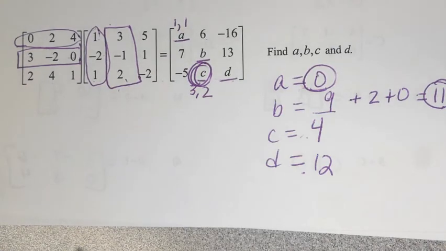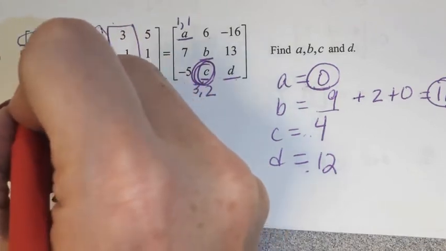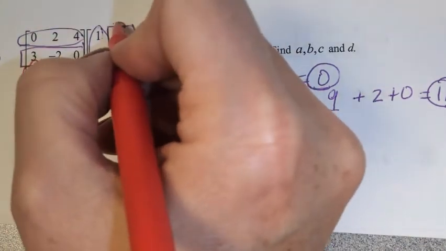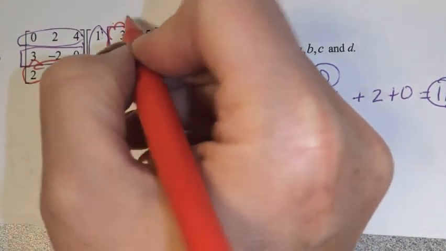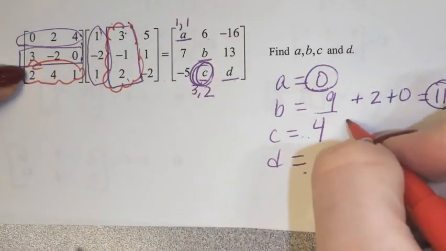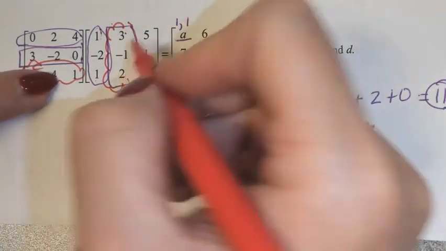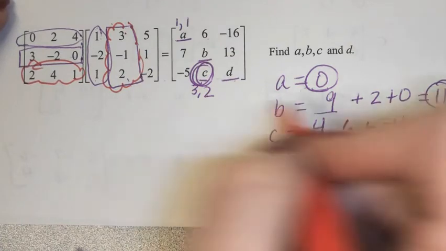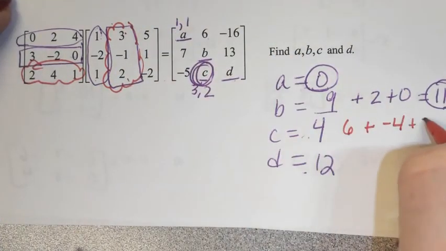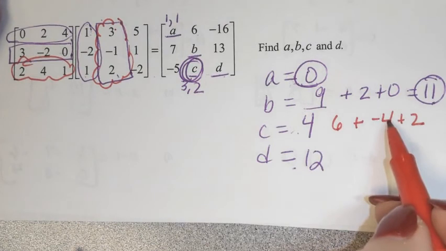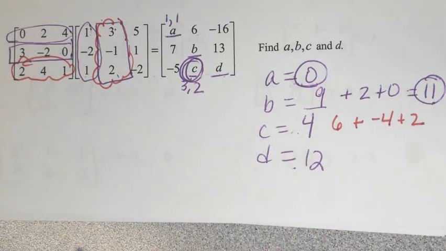So from that first matrix, you use the third row, and from that second matrix, you have to use that second column. Third row, second column, you match them up. So 6, and then minus 4, and then plus 2. So we had 8 minus 4, that's how we got the 4.